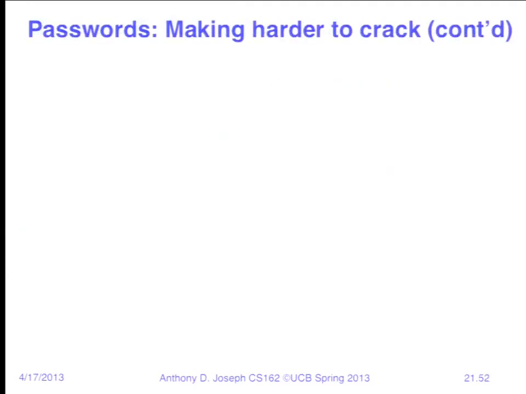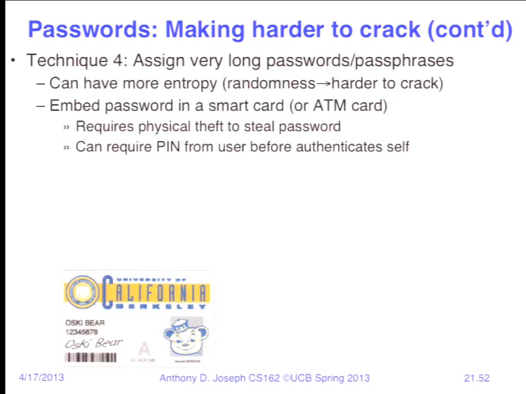Other techniques, give them very long passwords or passphrases. Gives you more entropy or randomness. Embed the password in a smart card. So we all carry around these little RFID cards. They have a little ID in them, which is your password, which you can use to get into various rooms or pay for items and things like that. Now, this requires you to physically steal the card to impersonate someone.